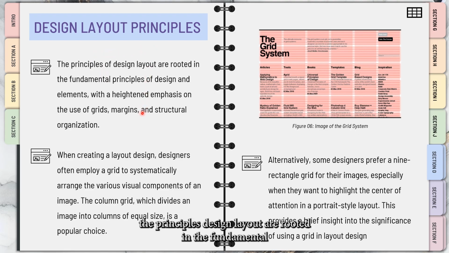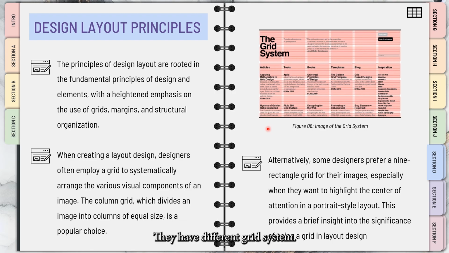Design layout principles. The principles of design layout are rooted in the fundamental principles of design and the elements of design, with a heightened emphasis on the usage of grids, margins, and structural organization. You will most likely see grids in web design. So whenever you have your wireframes or your prototypes, you will most likely be using a grid system.